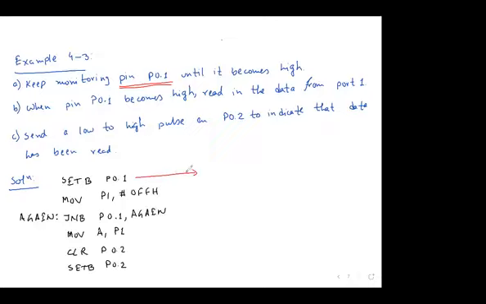In this line, you are configuring pin 0.1 as input by setting bit 1, that is, by sending a binary 1. So we are configuring this pin to work as input because we need to keep monitoring this pin until it becomes high, that means until it gets logic 1.